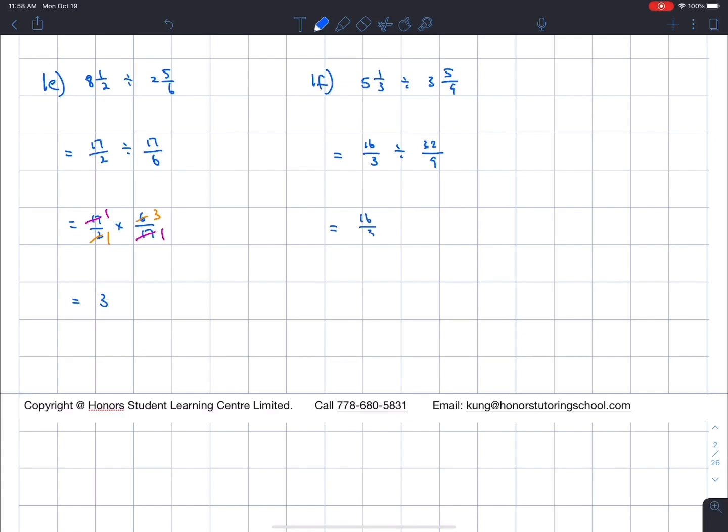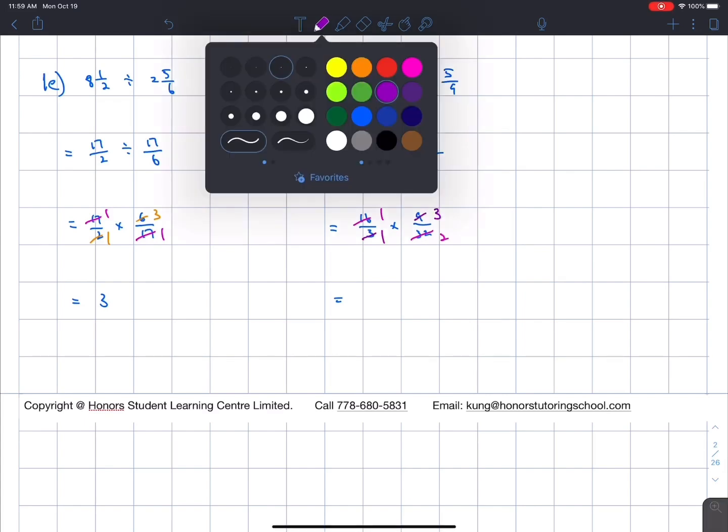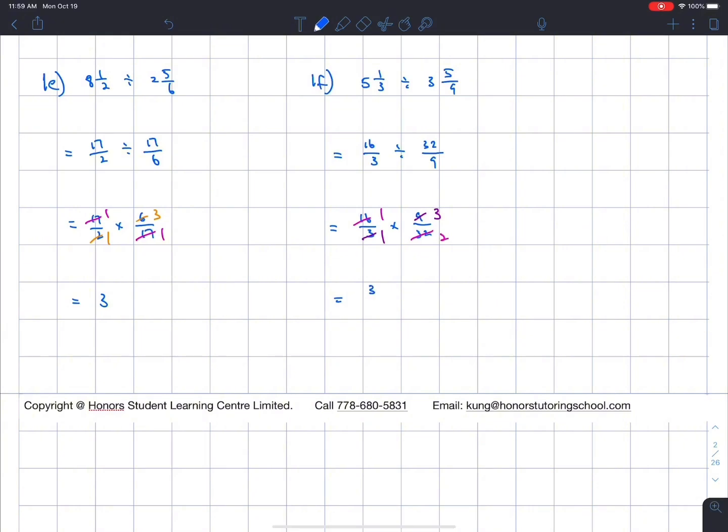So now we have 16 over 3 times 9 over 32. I can divide this by 16 to get 1, divide this by 16 to get 2. Divide the 3 by 3 to get 1, divide the 9 by 3 to get 3. For numerator, I have 1 times 3, denominator, I have 1 times 2. And this will be 1 and 1/2 in mixed fractional form.